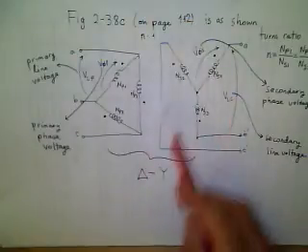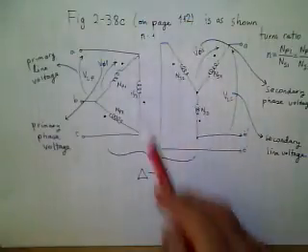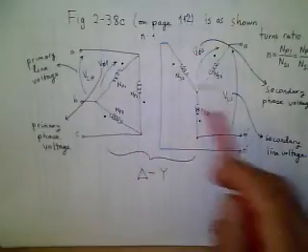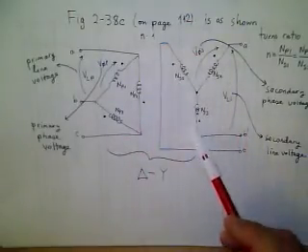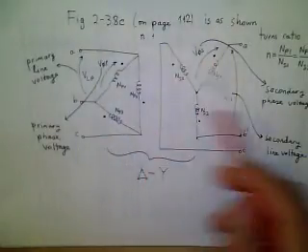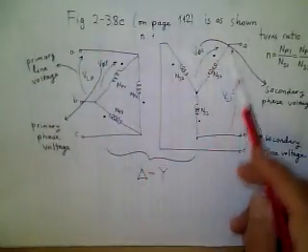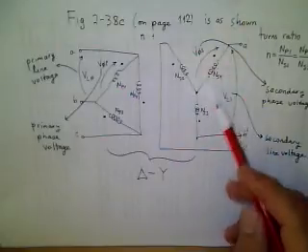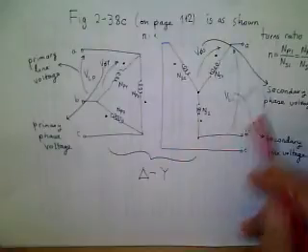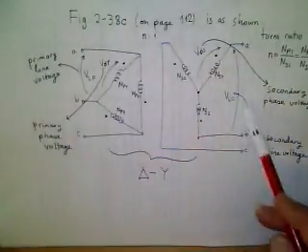The primary and secondary sides of a transformer are given. The primary internal connection is delta, the secondary connection is Y, and line-to-line voltages and phase voltages are as shown. For the secondary side, the phase voltage is across each coil, and the line-to-line voltage is shown here.